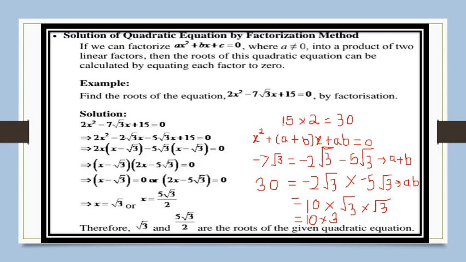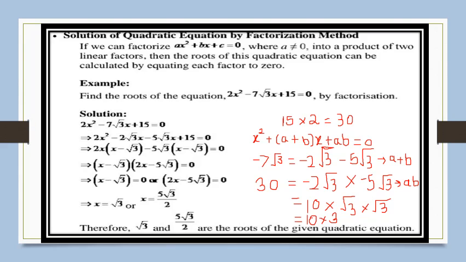So minus 2 into minus 5 means what? 10. Root 3 into root 3 is what? 3. So it gives you 10 into 3 equals to 30. The same numbers we will use to write minus 7 root 3 equals to minus 2 root 3 minus 5 root 3. Now root 3 is common. Minus 2 and minus 5 means minus 7.